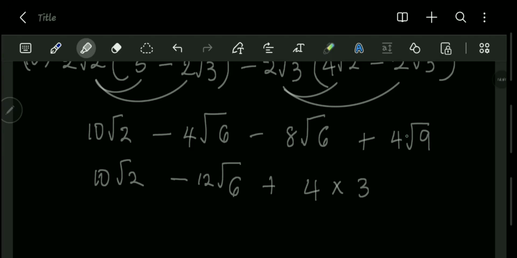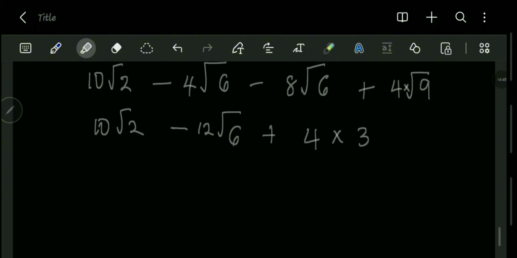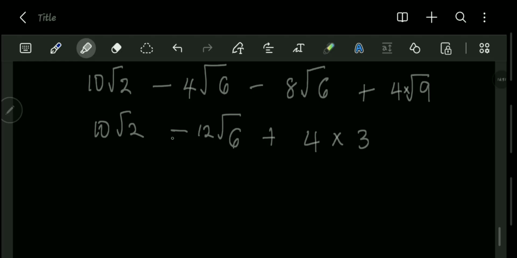I just put the multiplication sign in between them because this is not a root, this is a perfect square, right? That's going to be 4 times 3. That's what I have here. And then I can't possibly subtract these because they are unlike roots. So I'm leaving this way. So I'm having 10 root 2 minus 12 root 6 plus 4 times 3 there is 12.